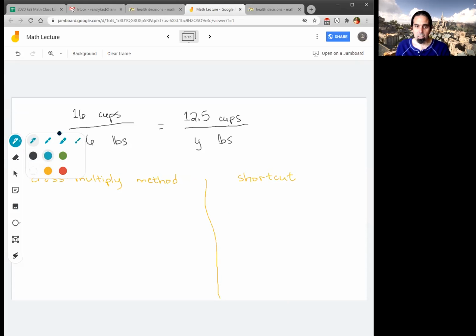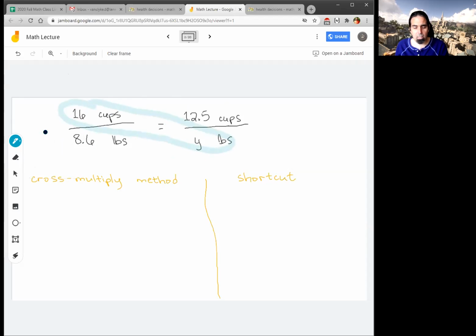The cross multiply method says that I'm going to multiply like an X shape and set each of the X diagonals equal to the other. And I can pick which goes on the left and which goes on the right. So I can pick this one to be on the left.